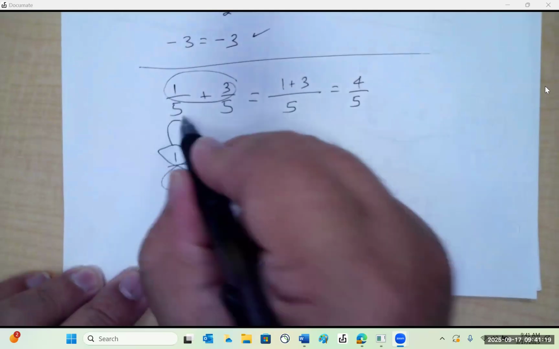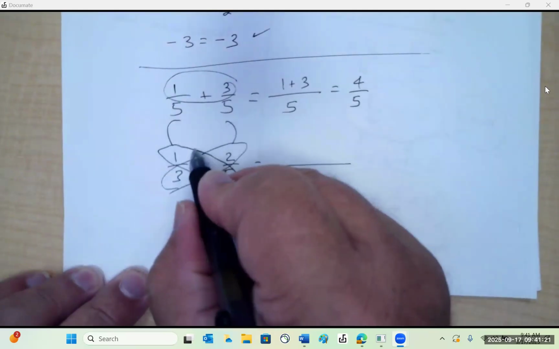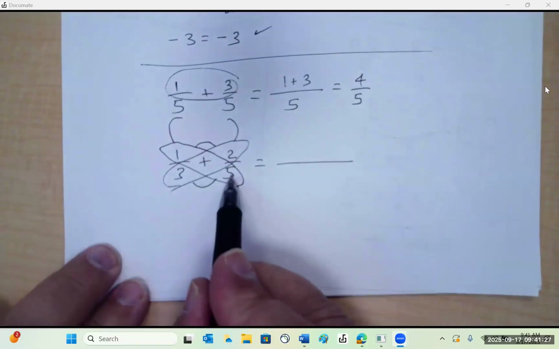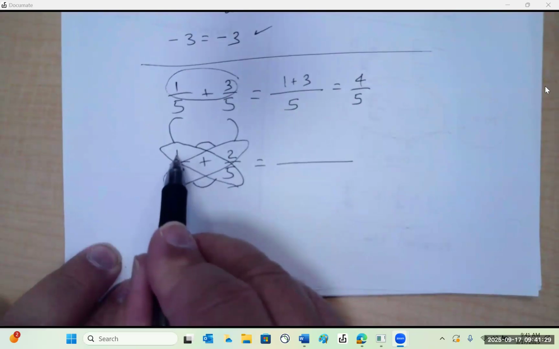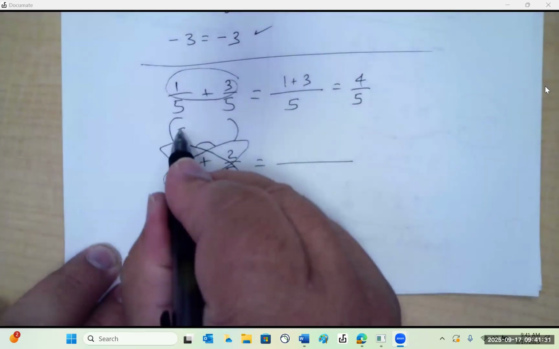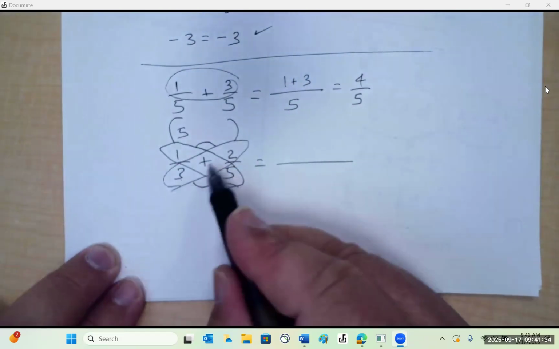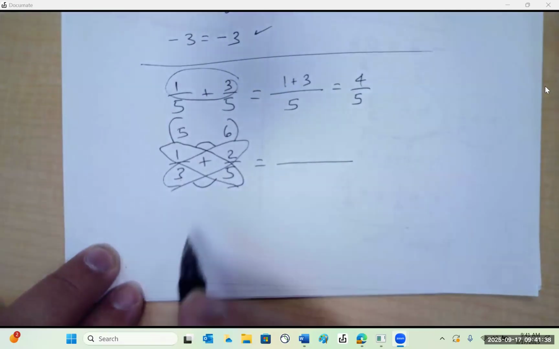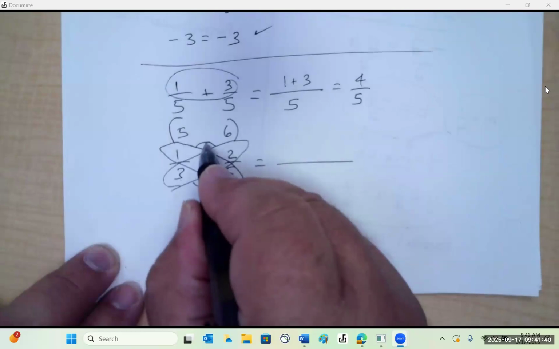Create a butterfly. This is called the butterfly technique. Multiply these. 5 times 1 is what? Multiply these. 3 times 2 is 6. This sign here goes in the middle.